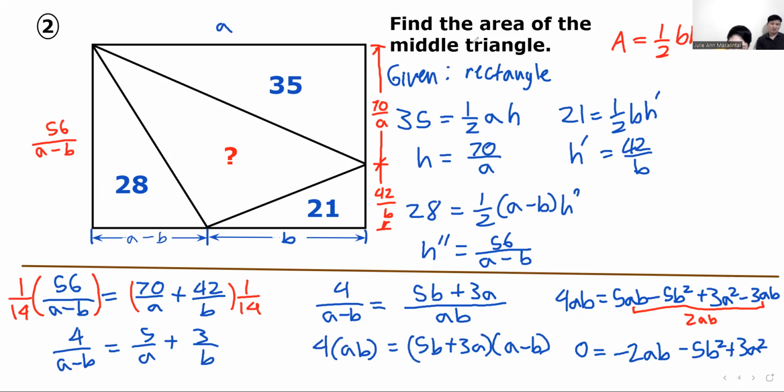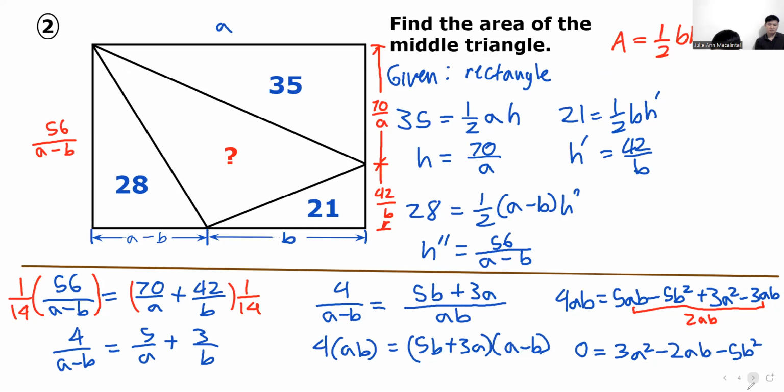So just wait, I will just rearrange it now, 3a squared, so it looks cleaner. 3a squared minus 2ab. No, actually, it's minus 5ab. Minus 5b squared. Sorry. Most of the time when you do something, you want to simplify it.